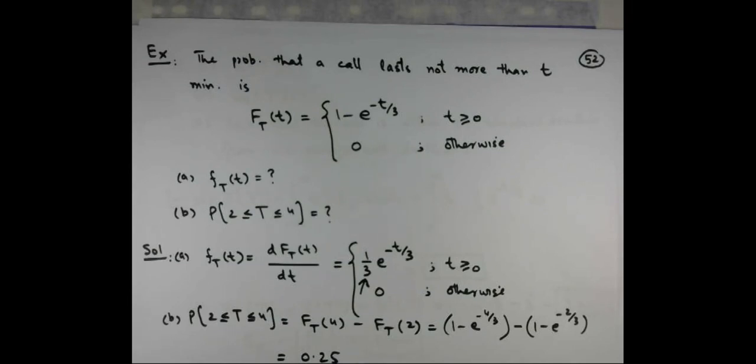First one was the continuous uniform random variable, and then it was the exponential random variable.